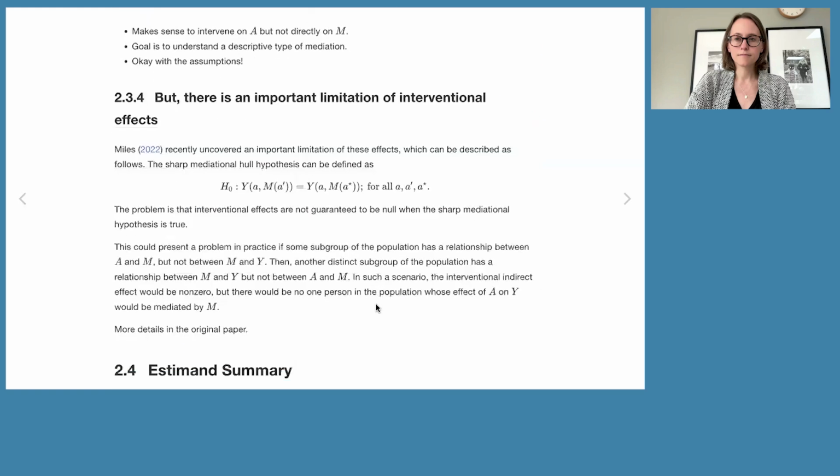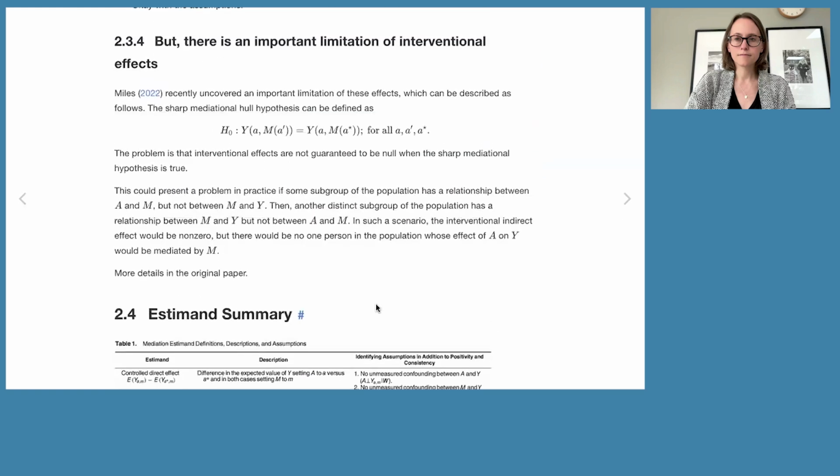I do want to talk about a really important limitation of interventional effects. Caleb Miles recently talked about this in this paper, which you can click on and read if you're interested. He defined something that he calls the sharp mediational null hypothesis, which we don't really need to get into, but we can talk about what the problem is.